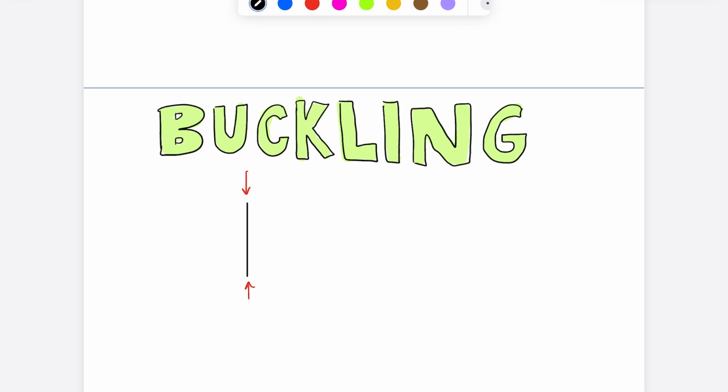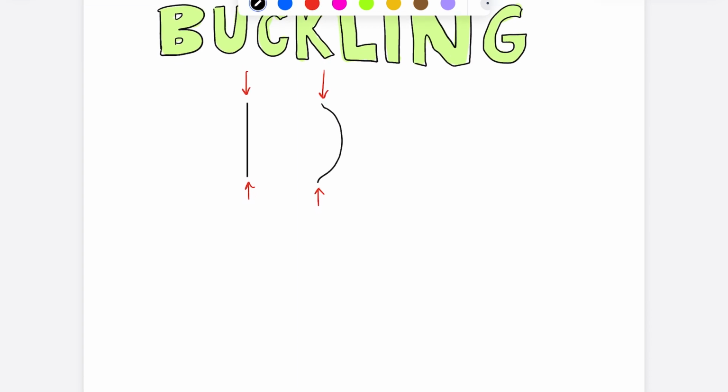If I exceed the critical buckling load, then my beam may deform sideways to look something like this. That's buckling. The same thing can happen with springs. And we will define, in this case, a critical deflection of the spring rather than a critical load, although you can use Hooke's law with the spring rate to come up with the critical load from the critical deflection.